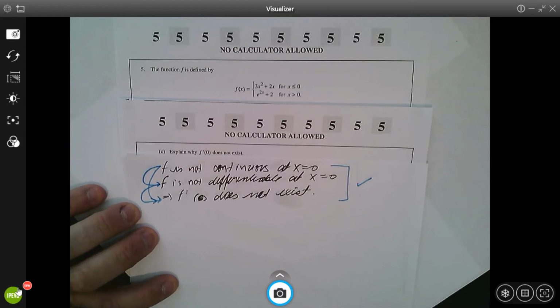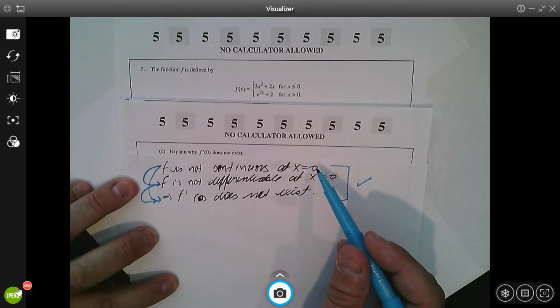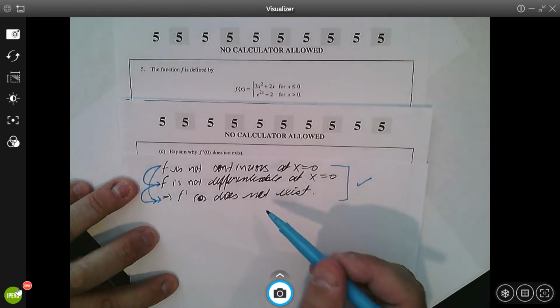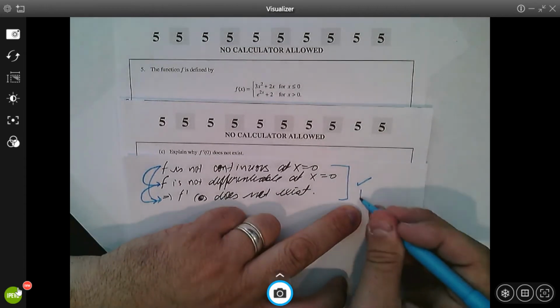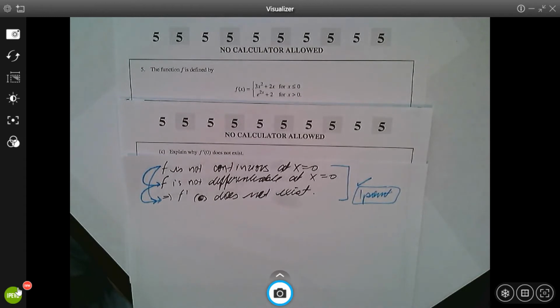When I look at the College Board scoring rubric, what I see is f prime of 0 does not exist because f is not continuous. So that leads me to believe that maybe just this first statement followed up by f prime of 0 doesn't exist is going to be good enough. Either way, this is just a 1 point question. We're going to get in and out, and we're done with this part, so nice job.